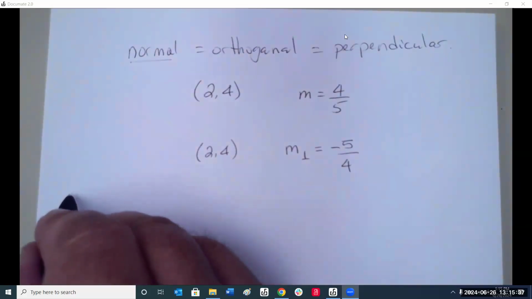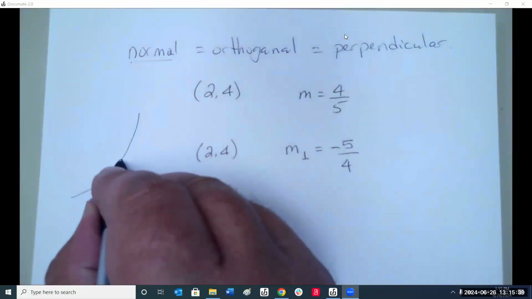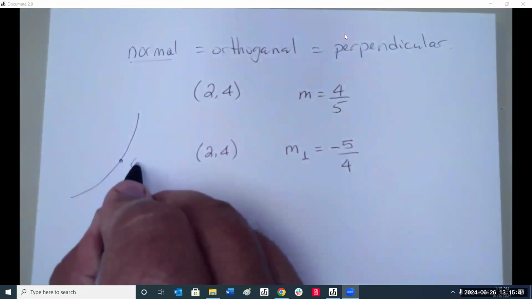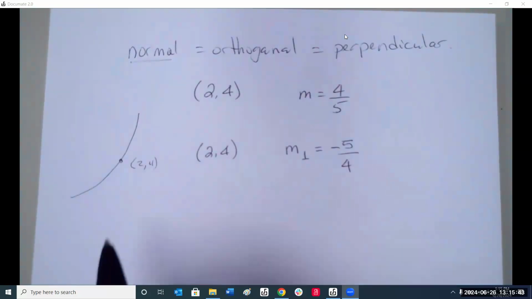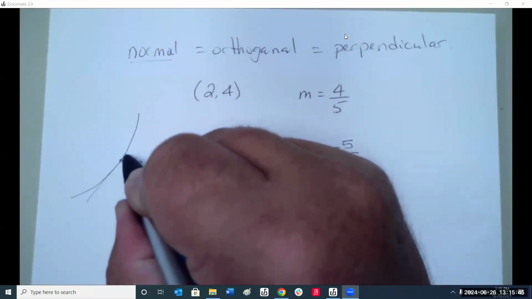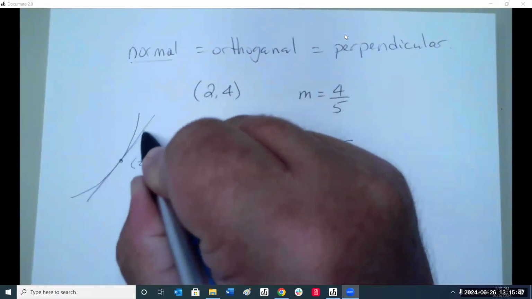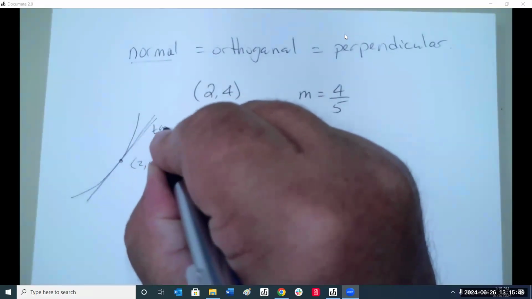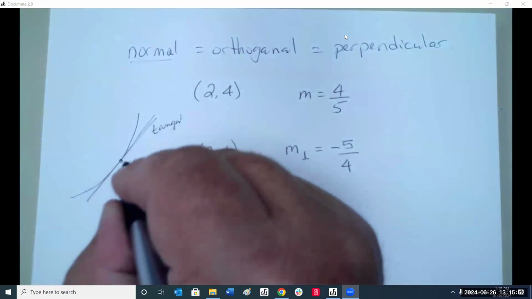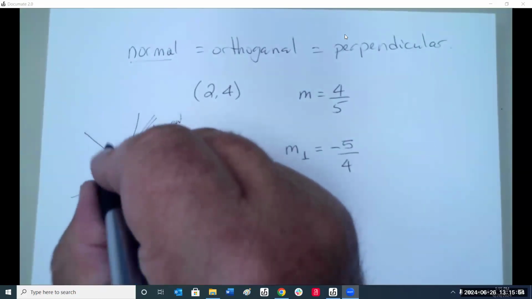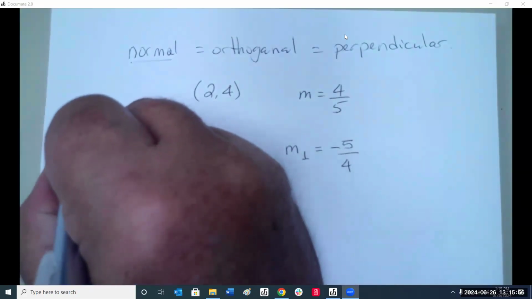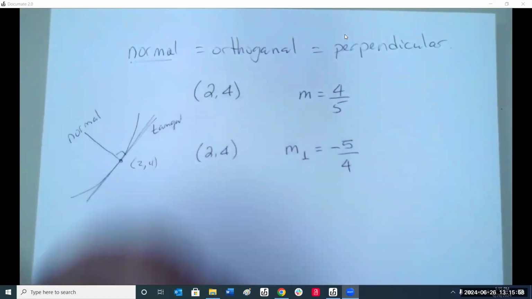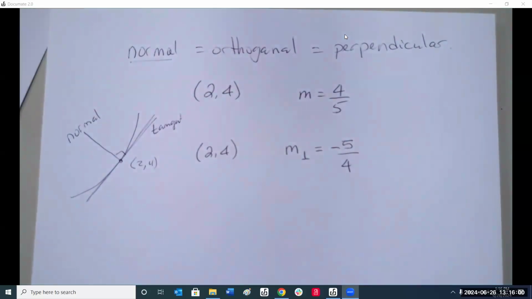So if this was our curve and this is our point at 2, 4, tangent would be that way. Normal would be like this. Normal would be perpendicular to it.